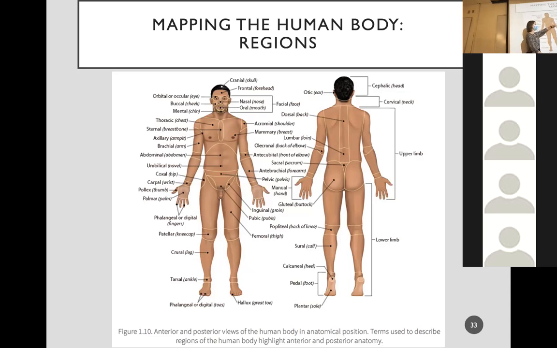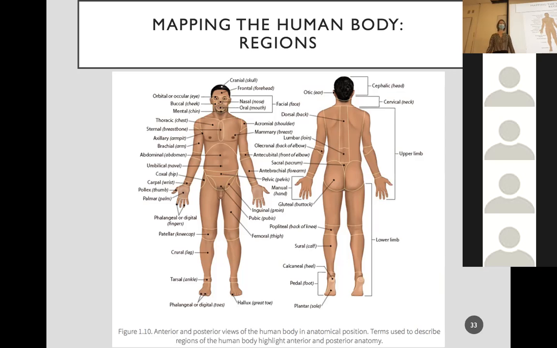The front of the elbow has a name, the antecubital. So ante usually means in front of, and here I should point out, when you see a diagram of someone standing like this, it's called the anatomical position. So when we talk about different directional terms, we're talking about it as if someone is standing with their palms forward like this and their feet facing forward.